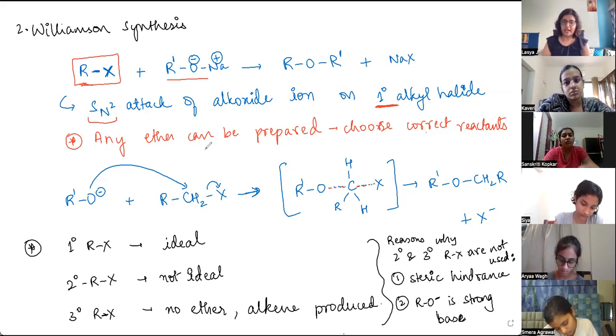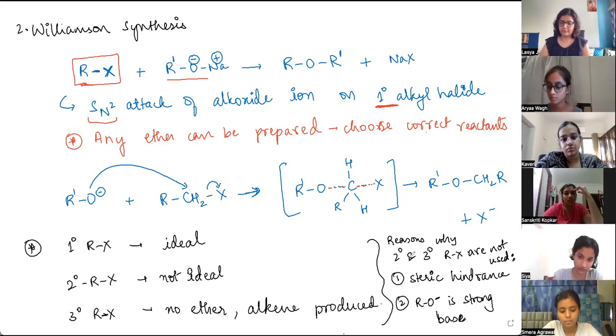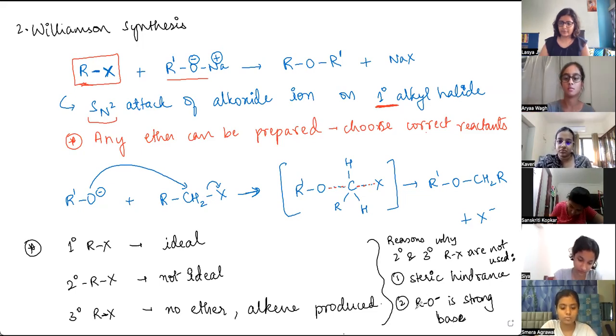Steric hindrance will not guarantee the SN2 mechanism, and RO being a strong base also will not guarantee it, that will push the reaction towards elimination. So the consequence of this is that elimination is preferred over SN2. That's the main thing.